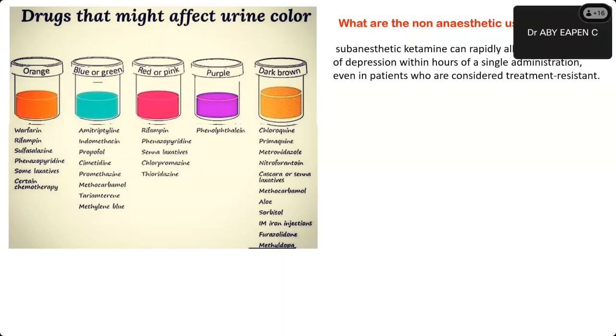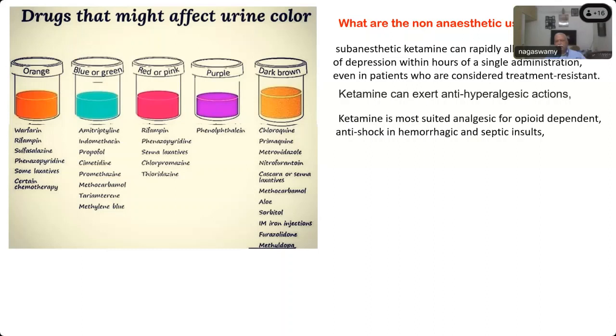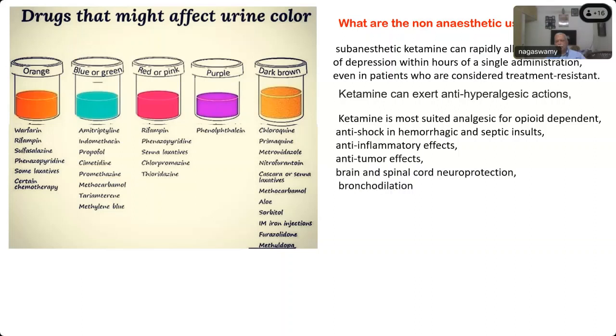They have found that it is useful as an antidepressant, in bronchospasm, in opioid-dependent patients, as anti-shock in hemorrhagic and septic insults, with anti-inflammatory effects, anti-tumor effects, brain and spinal cord protection, and bronchodilation. These are all the non-anesthetic uses of ketamine.